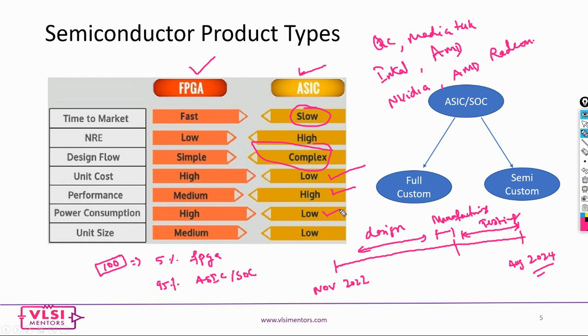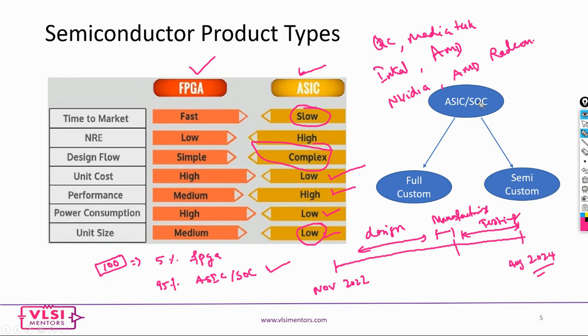Power consumption is going to be lower, and unit size is going to be low again, because you can optimize the size to whatever you want to target. That is the advantage that ASIC has. And 95% of the chips that are sold these days are basically ASICs.